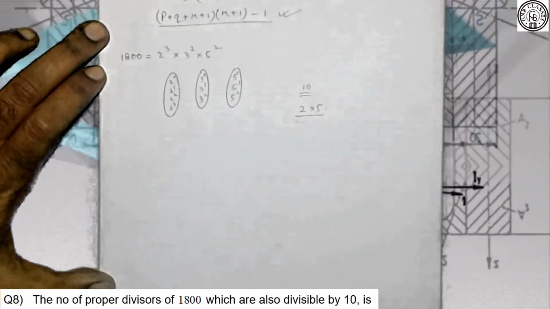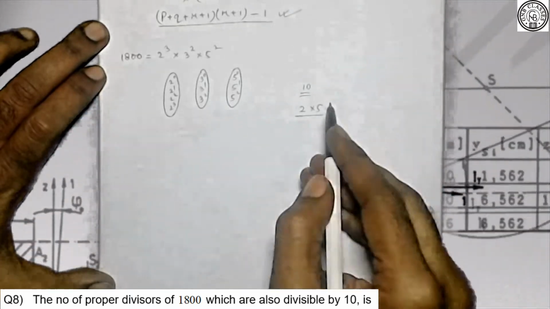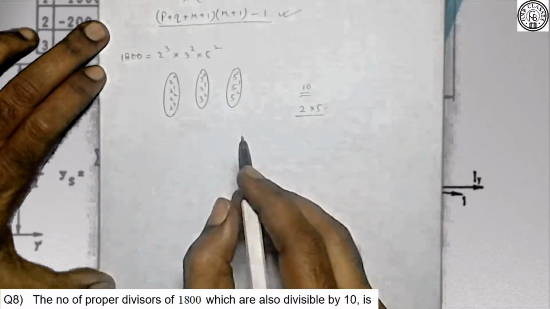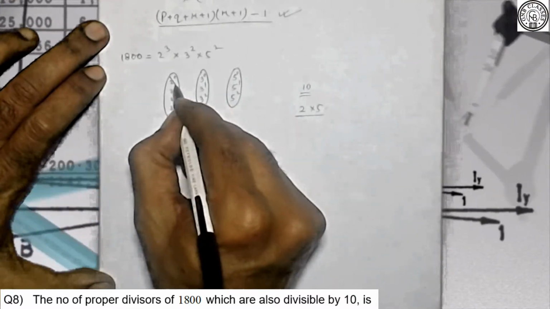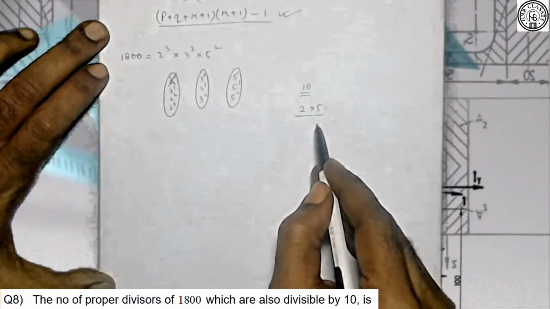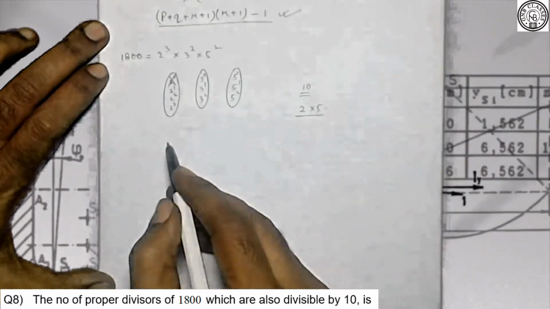So in the divisor set, at least one 2 and one 5 must come. Is it clear? So from the first set, let us eliminate 2 to the power 0, because one 2 must be present in my factors. Then only it will be divisible by 10.